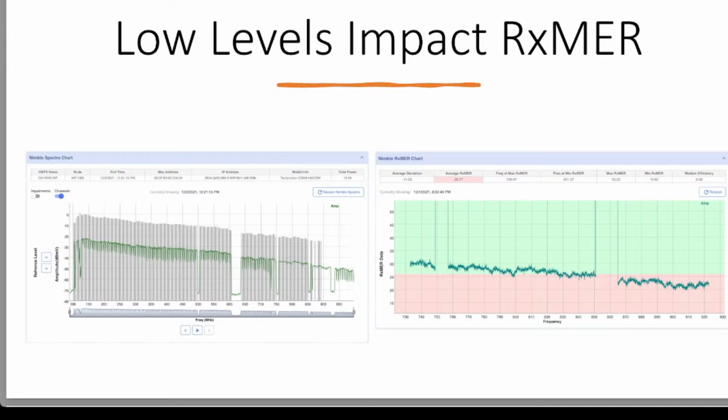But the problem is here, I have a red line going across the 29 dB RxMER, which is the threshold for 1024 QAM. And we can see that the RxMER is just at and going below that red threshold line, which means this subscriber's modem will just be on the threshold and below the threshold for 1024 QAM.